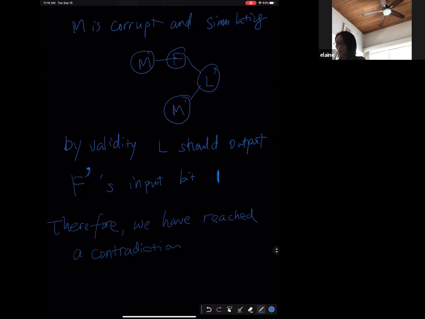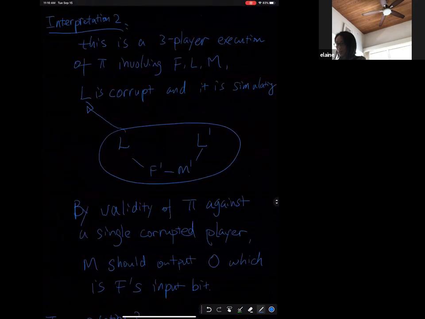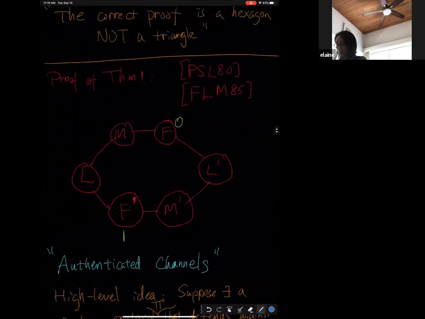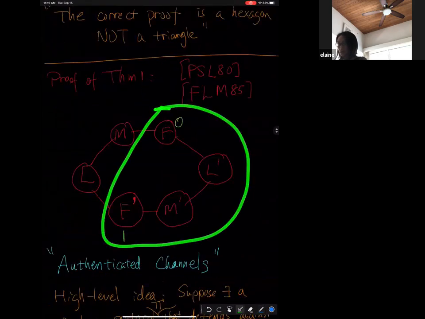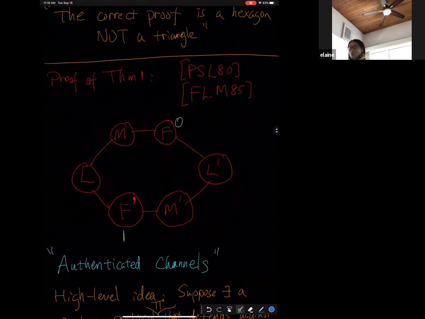Also, going back to the question, why doesn't the proof work when there are signatures? That's because when we say F is simulating all of this in its head, if there are signatures, F wouldn't be able to simulate essentially L and M because it's not able to produce their signatures.